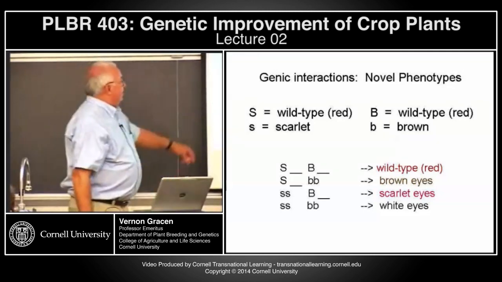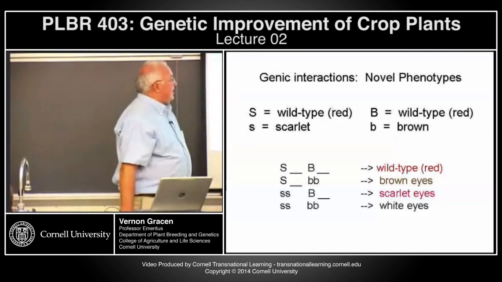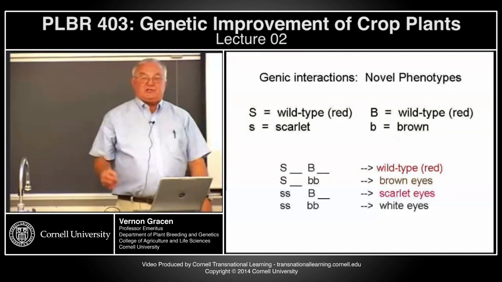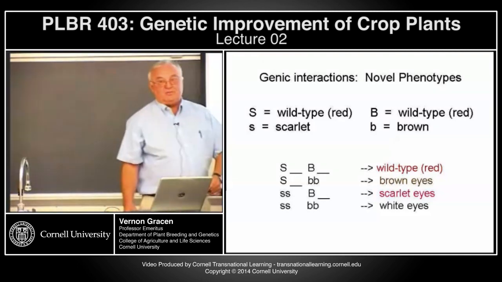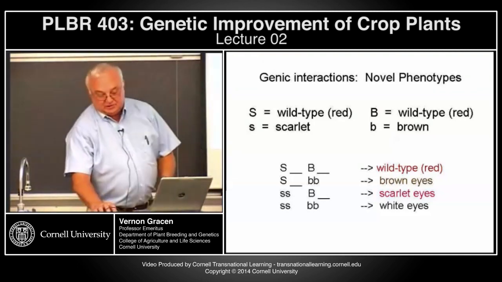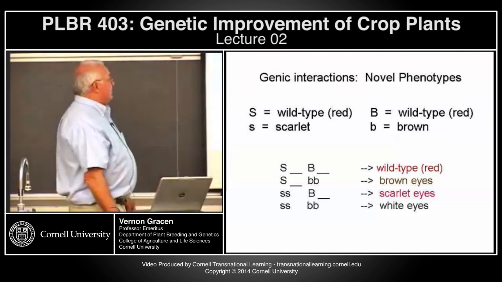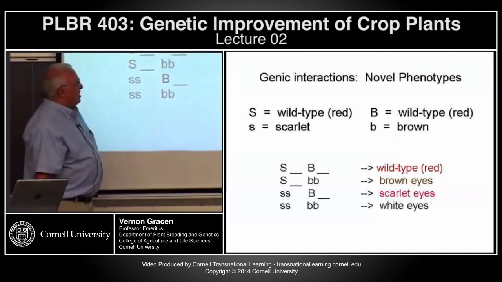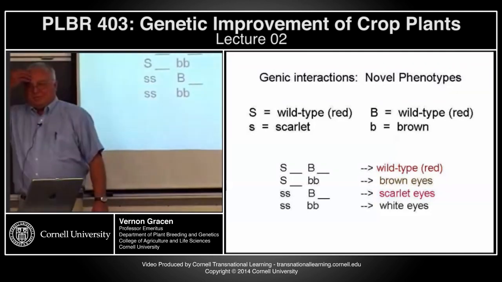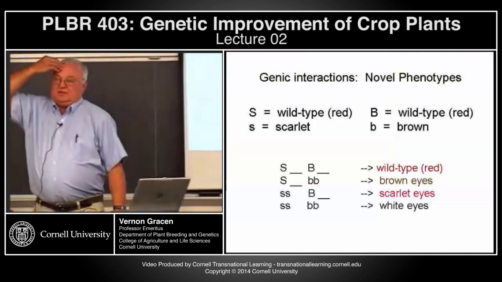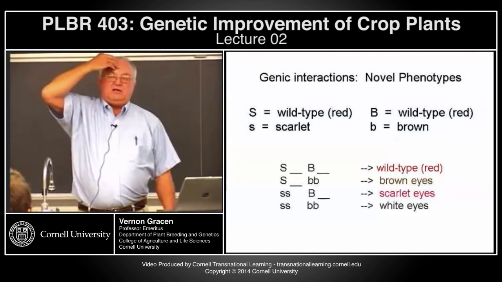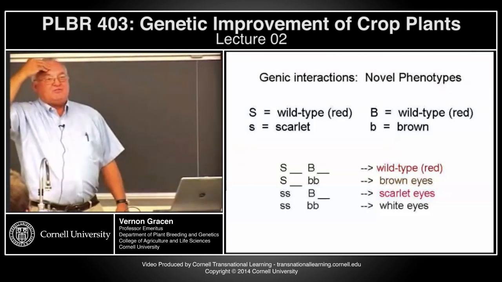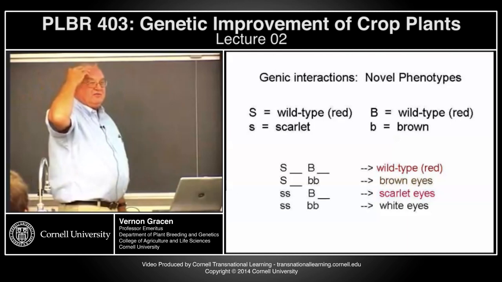If you have the recessive ss, you get scarlet eyes, and it doesn't matter what configuration you have at the B locus. And it's only when you have completely recessive scarlet and brown that you get white eyes. I mean, you think about that in terms of the metabolic pathways involved. You think about it long enough, you get a headache.